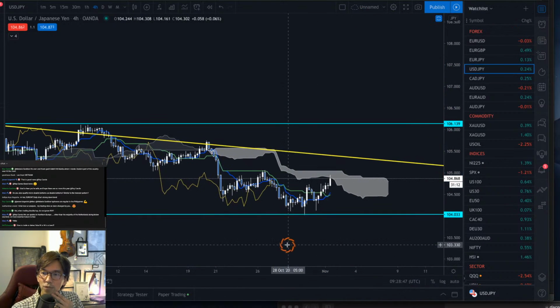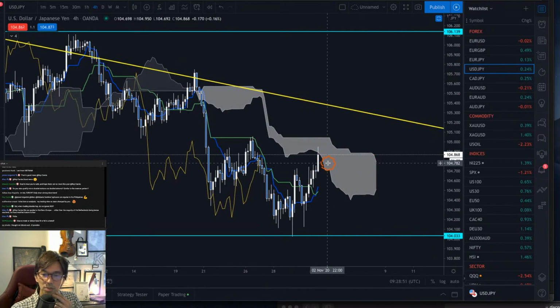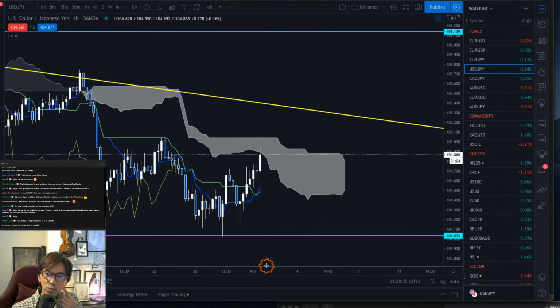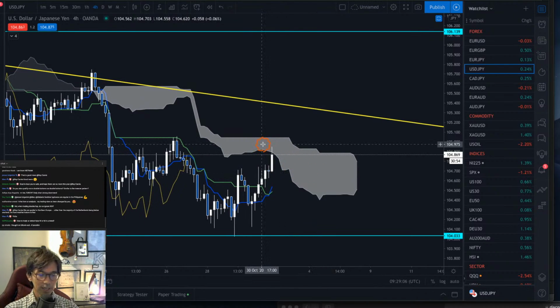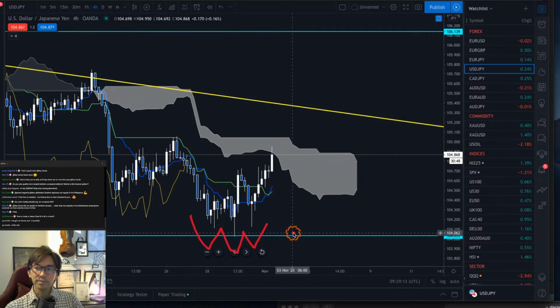Let's see. The 4 hour chart is also, the price is reaching the Kumo now, so this is not really downtrending or uptrending. It's just ranging, no trend, so I won't look for the sell chance yet. And I can see that in this 4 hour chart there was a head and shoulders pattern, and the market is reversing upwards now.